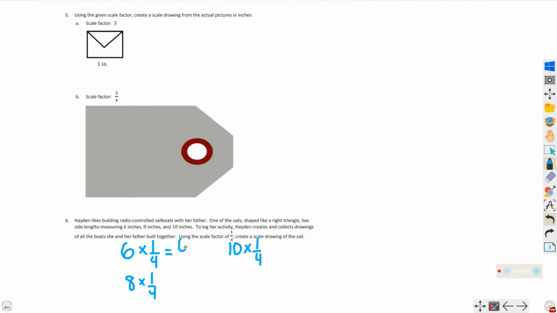6 times 1 is 6. 4 goes into 6 one time, with 2 left over, and 2/4 is the same as 1/2, so we can write 1 1/2. 8 times 1 is 8, and then we have a 4 on the bottom. 4 fits into 8 2 times perfectly. 10 times 1 is 10. 4 fits into 10 2 times, with 2 left over, and 2/4 can reduce to 1/2.